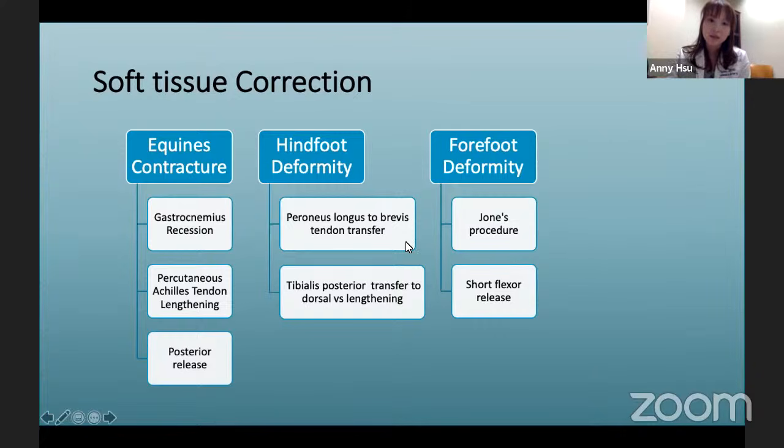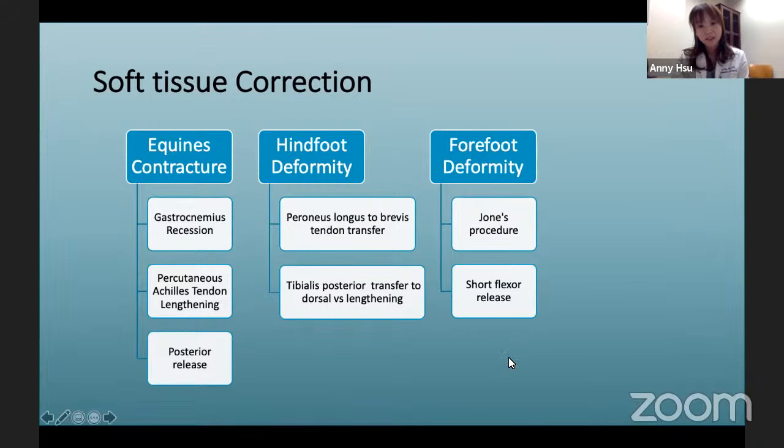So for me, I focus more on the weak everters because your peroneus longus can be transferred to the brevis to strengthen your weakened foot everters to help bring the foot out from the cavovarus deformity. Similarly, you can also address things immediately by weakening your posterior tibialis tendon, either through lengthening or transferring it dorsally, which I'll talk about a little bit more later. But that weakens the strong inverter to help balance the foot out more.